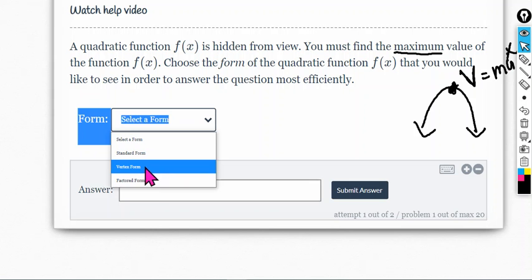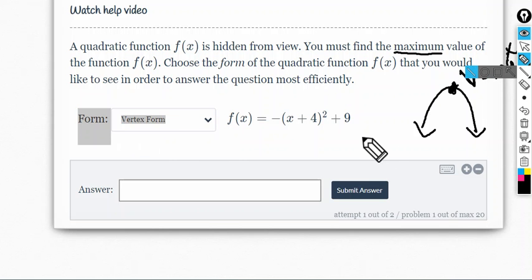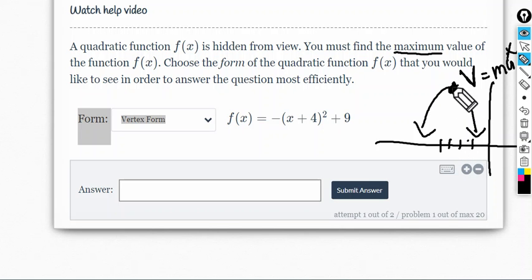So if I had to pick a form, I would pick a form that gives me the vertex with no extra work. So if I pick this one, that means that it's left 4, 1, 2, 3, 4, up 9. Left 4, up 9.